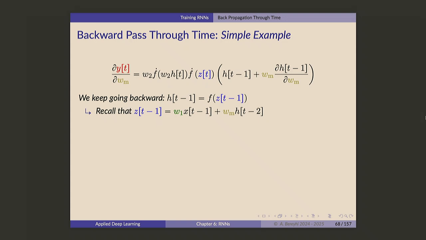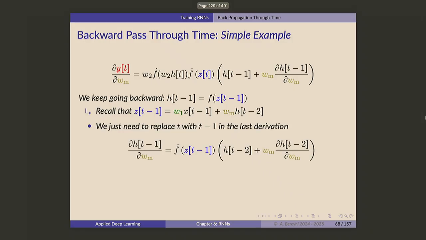Is there any other variable in this expression which depends on Wm? ht minus 2, right? So I need to take care of both of them. I'm going to write it in this form: the derivative with respect to Wm plus the derivative with respect to ht minus 2 times the derivative of ht minus 2 with respect to Wm.